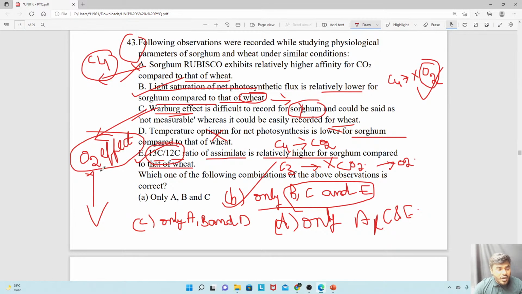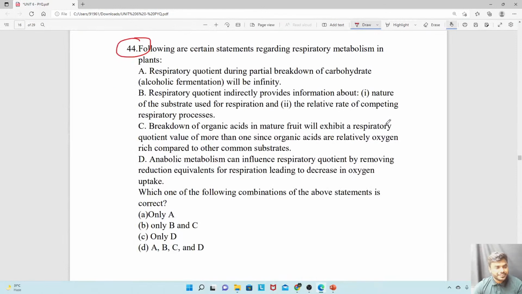If there is no oxygen fixation, then how can we show the Warburg effect? Warburg effect is difficult to record in the sorghum because there is no oxygen fixation. But it can be easily recorded in the wheat because wheat is a C3 plant, photorespiration occurs. You got it, dear?